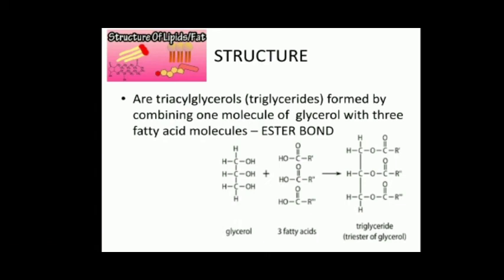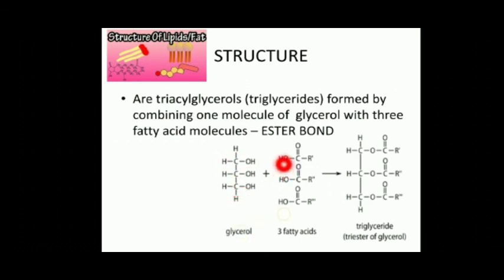Actually, lipids are triglycerides. Tri means three. That means a molecule of lipid is formed by the combination of one molecule of glycerol with three molecules of fatty acid. This is one molecule of glycerol.